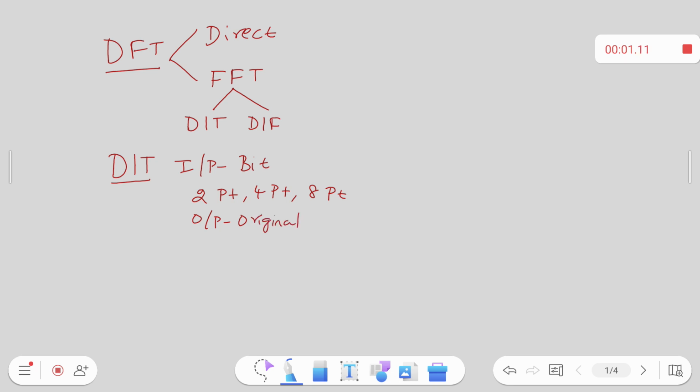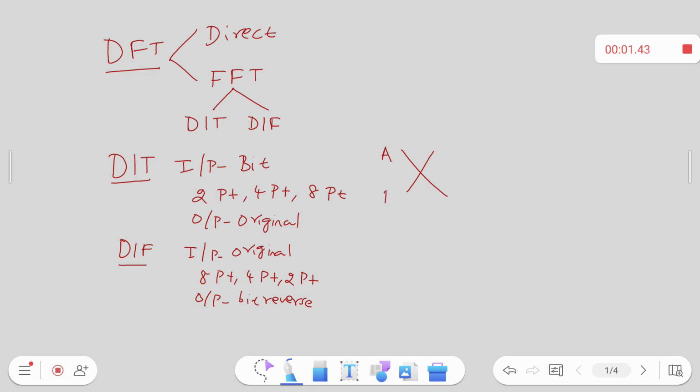If you apply the DIF algorithm, your input will be in original order. Then you have to calculate starting from 8-point, then go for 4-point, and finally 2-point is calculated. Your output will be in bit reversal order.